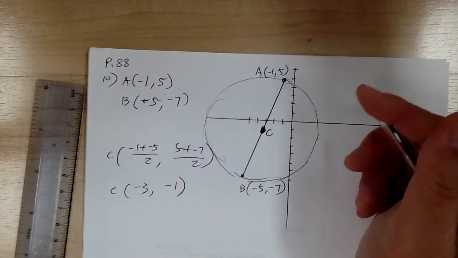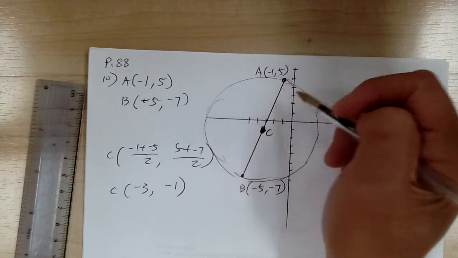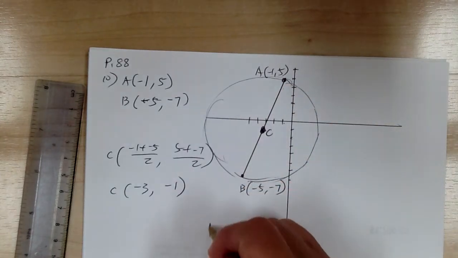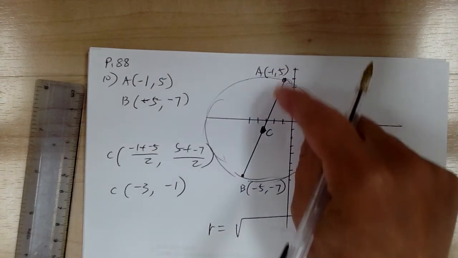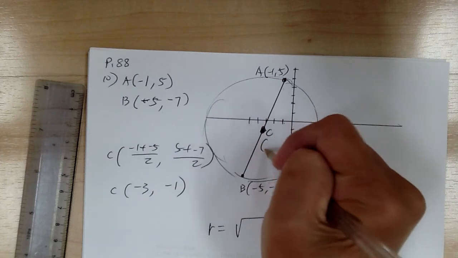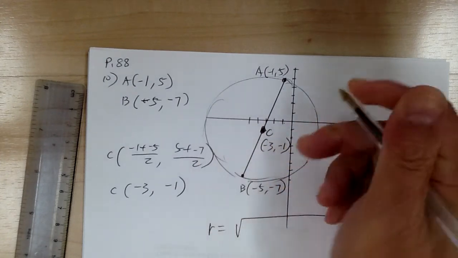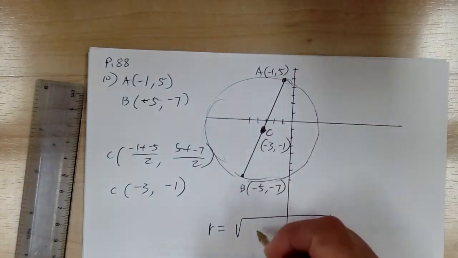Now you need to have a radius. To figure out the radius, you have to apply the distance formula. So the radius would be equal to the square root of... okay, let's use this point over here, (-3, -1). To find this distance, you use the Pythagorean theorem, right? So you're going to have -1 minus -3.